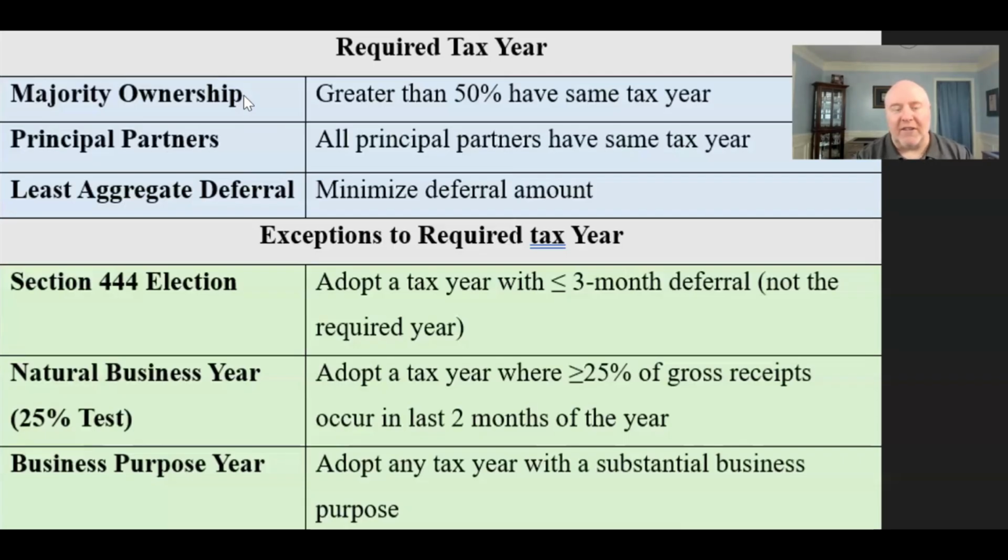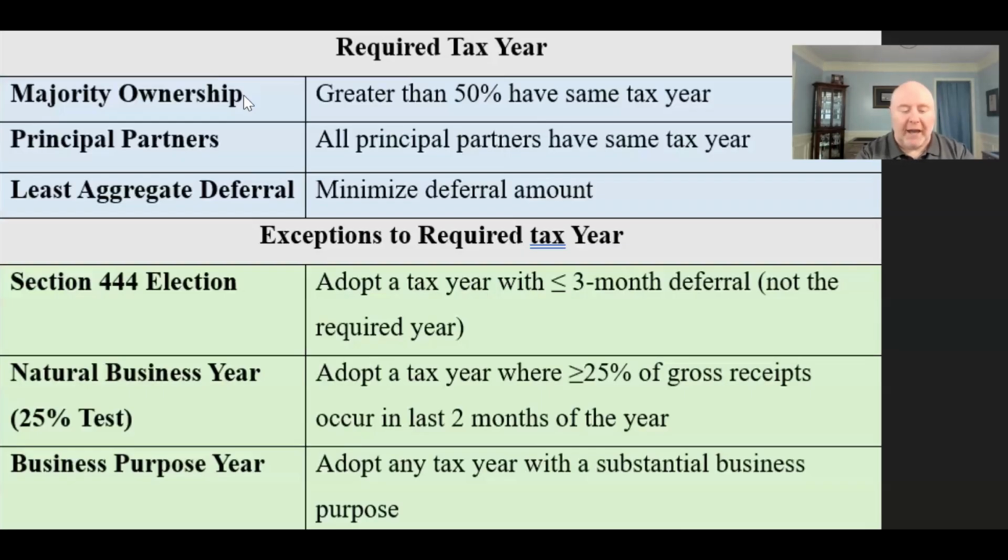Now, it's not always as easy as one partner has more than 50% shares. What often happens is you're going to have a number of partners, and we're going to determine whether they have ownership of over 50%, right? So, for example, we could have 100 partners, and each partner owns one share, or 1% of the partnership.